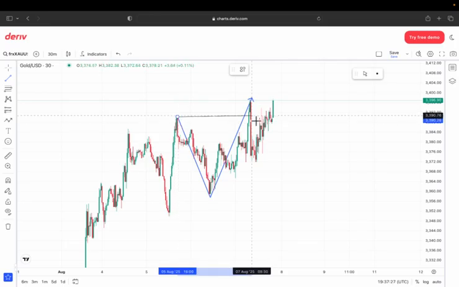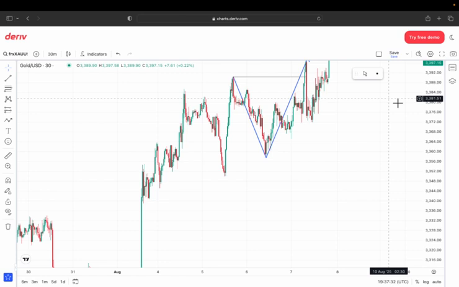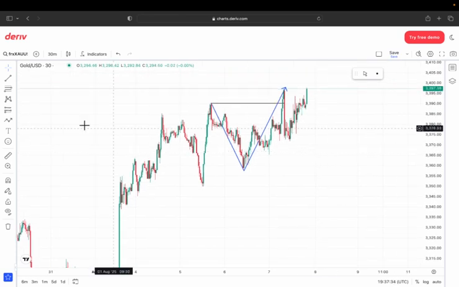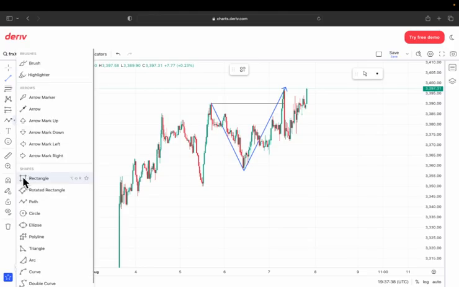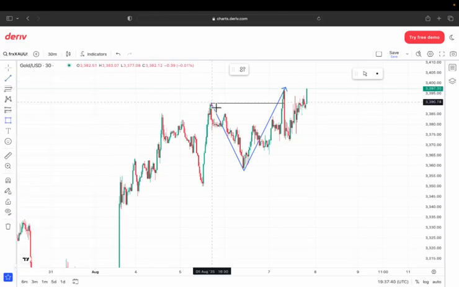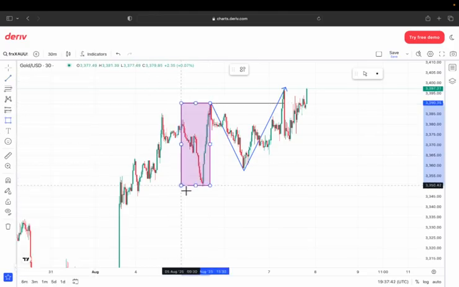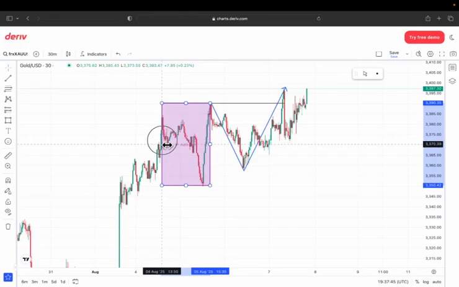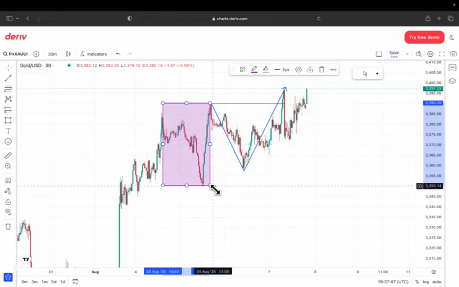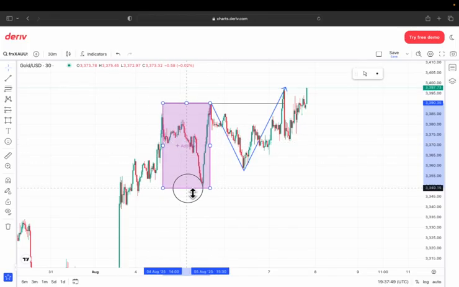For us to say that gold has changed character, gold has to take out 2 lows. I will not be counting this low here, and you might be wondering why, but as the class goes on, you will understand. This particular break of structure is not a valid low.